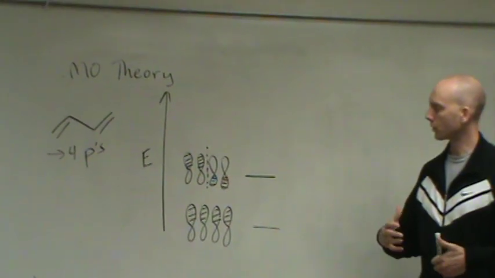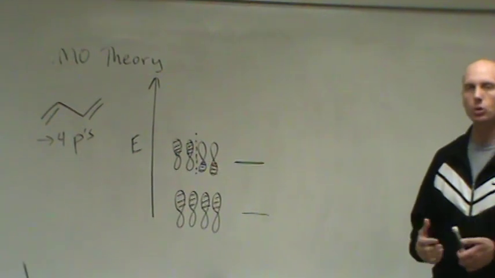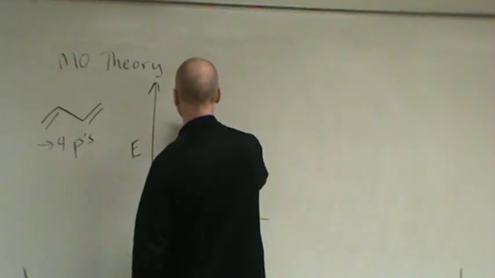So if I want to make my next set of p orbitals having what? 2 nodes, it would look something like this.